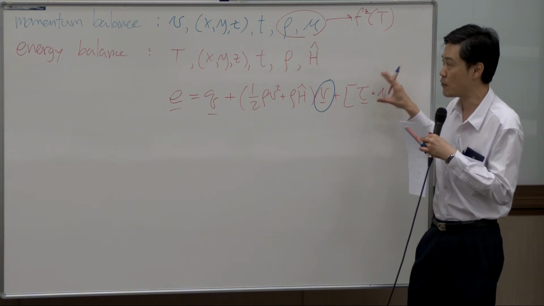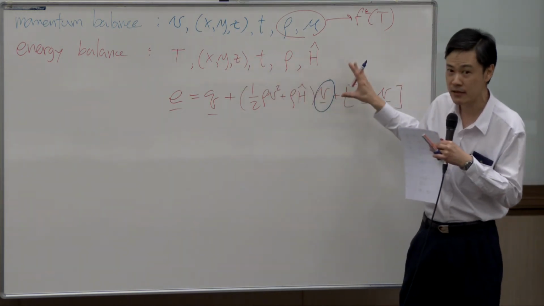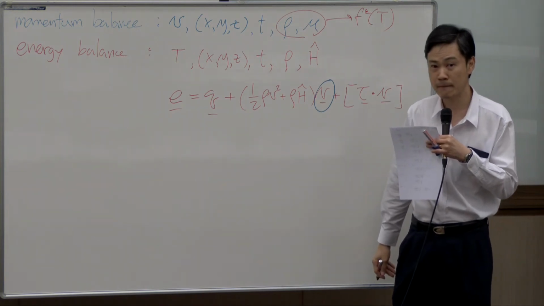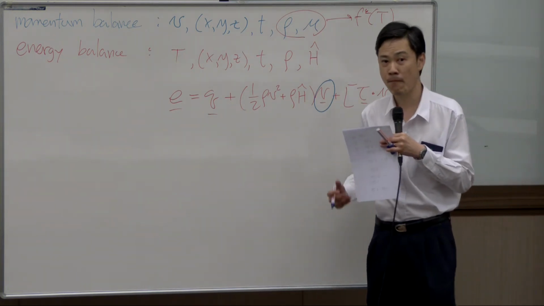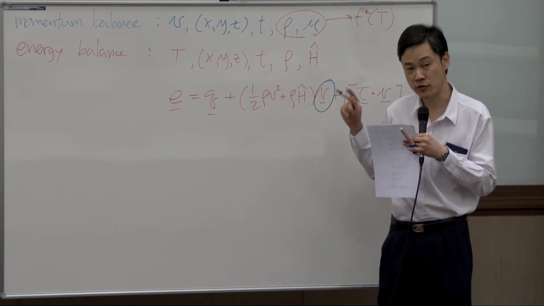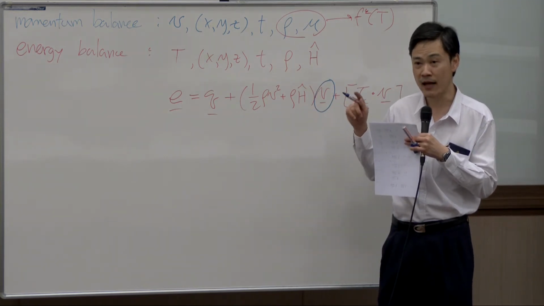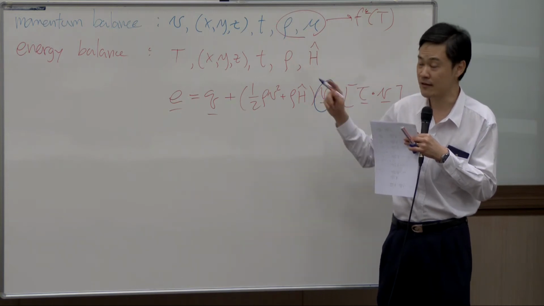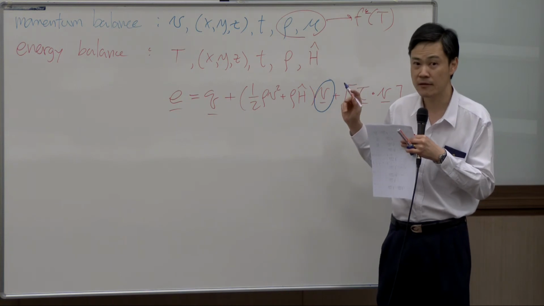So for these examples, we will start with energy balance, followed by momentum balance. Understand? So as I said, there's no fixed rule where to start. You have to analyze the problems and start somewhere that the assumption makes sense.